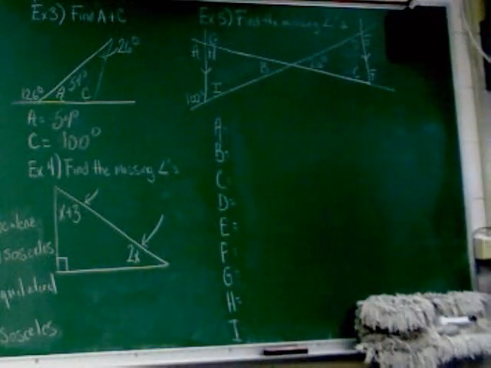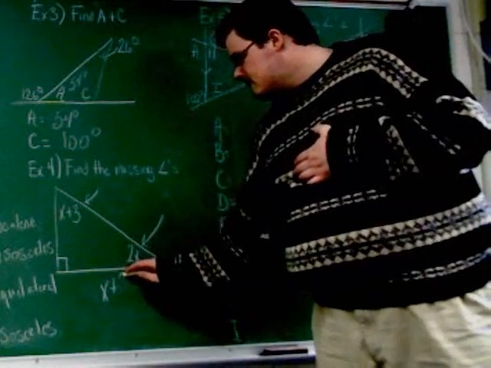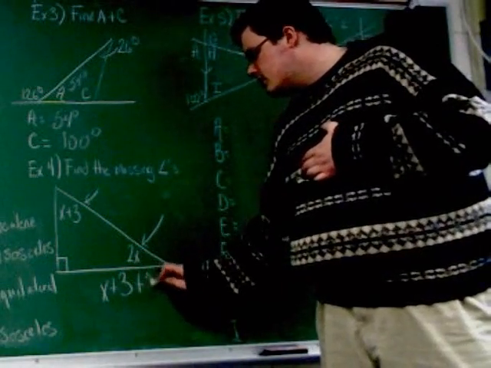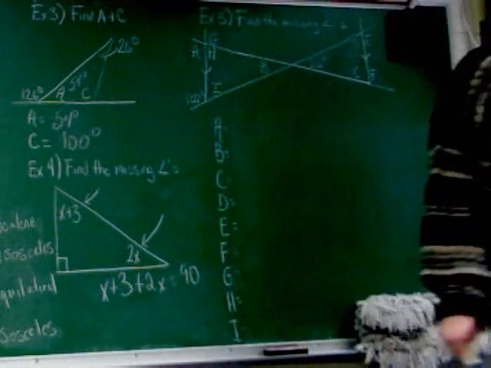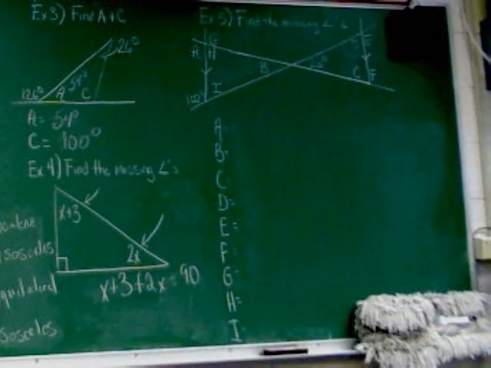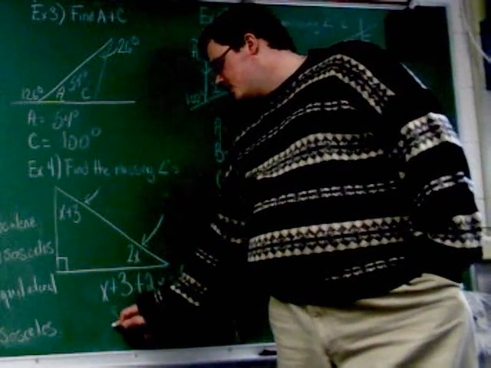So x plus 3 plus 2x makes 90. And surprise, surprise, we come back to solving equations once again. You can see the equation I'm solving is x plus 3 plus 2x equals 90. I added those 2 things together, set them equal to 90. All right. So we simplify a little bit here. x plus 2x makes 3x.